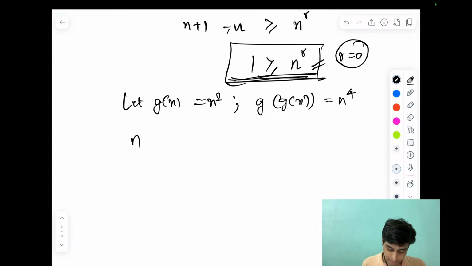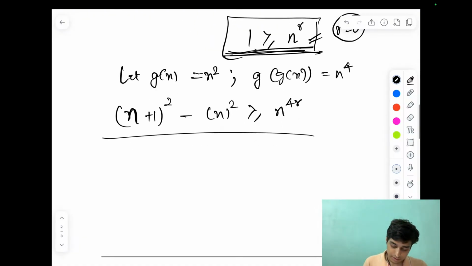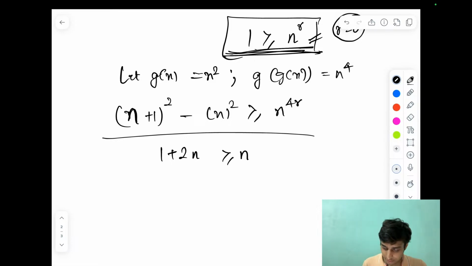And if I go with this, n plus 1 whole squared minus n squared is always greater than or equal to n to the power 4r. That's the only condition actually. It says 1 plus 2n approximately, and it's n to the 4r. So it's a straight line actually.